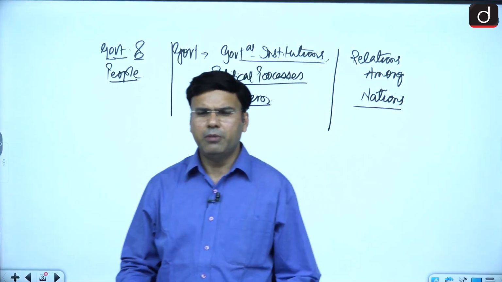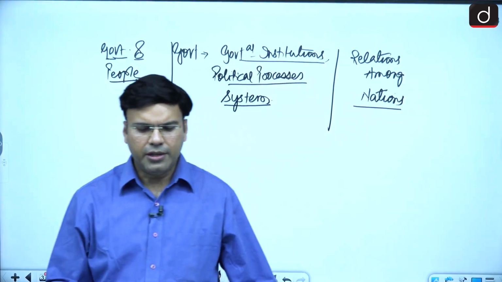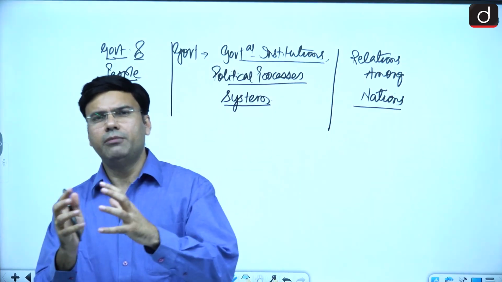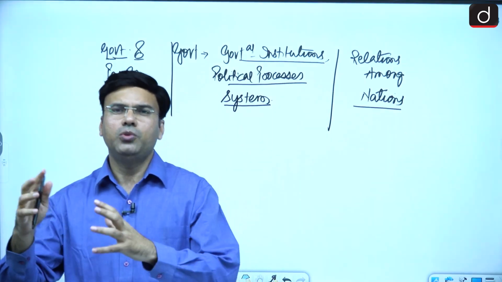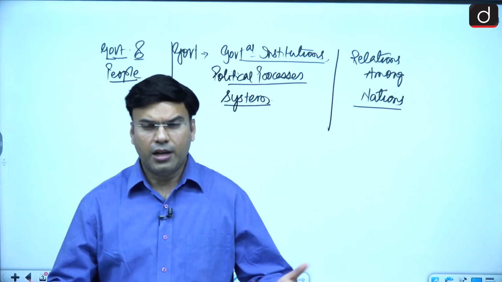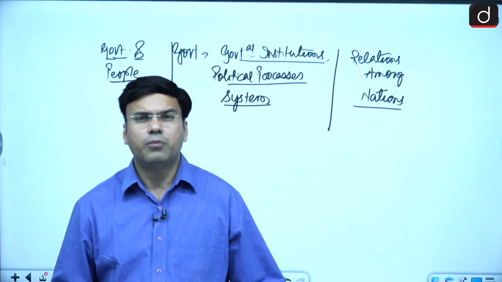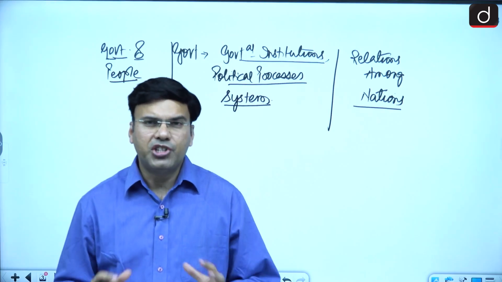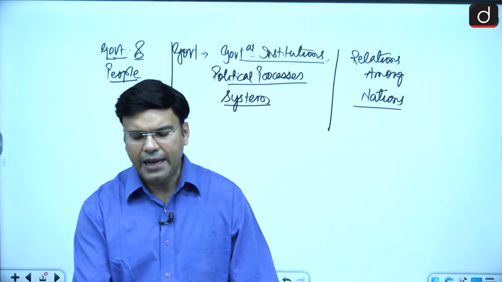And there are multiple opinions with regards to it, that how individual and government should be related so that it leads to the evolution of a common good. So there are political ideologies and they are supporting different sorts of relation between the people and the state.